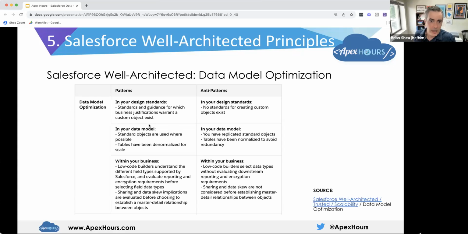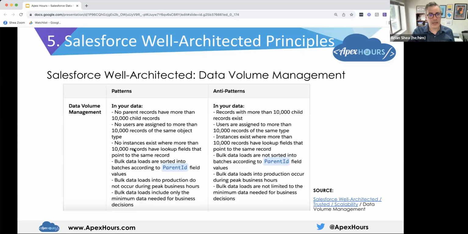Under data model optimization, the well-architected pattern is to use standard objects where possible, and at the same time have tables denormalized for scale and for performance. And in data volume management, we've got some best practices around how many records should be parented under one parent record.